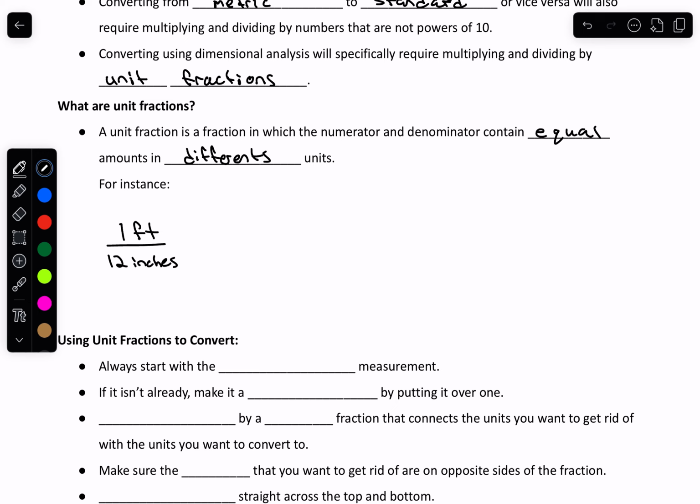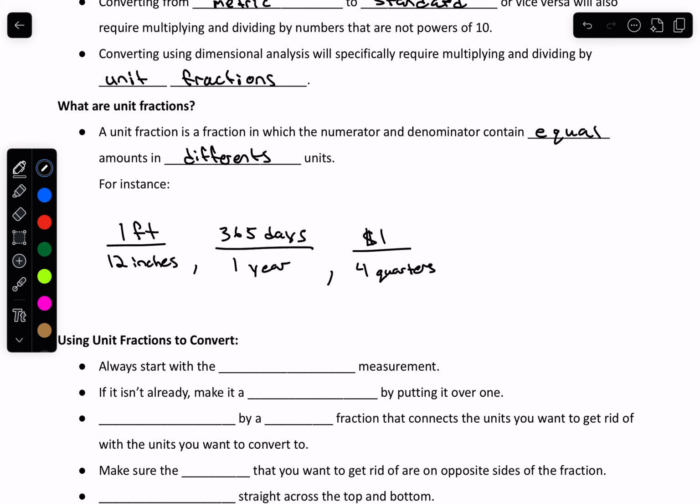It is worth 1. We might have instead 365 days over 1 year, where 1 year and 365 days are equal to each other. We might have $1 over 4 quarters. Okay, again, $1 and 4 quarters are the same thing.